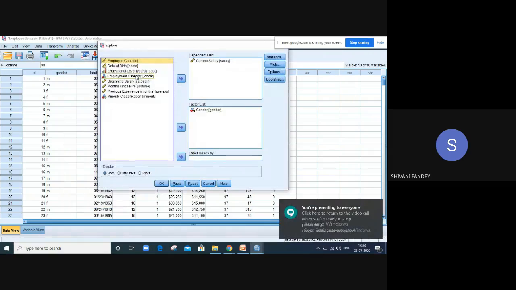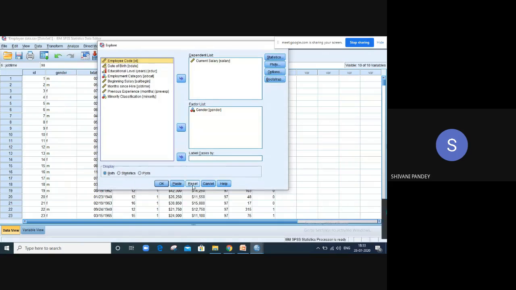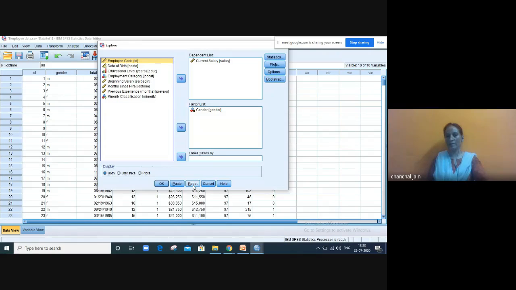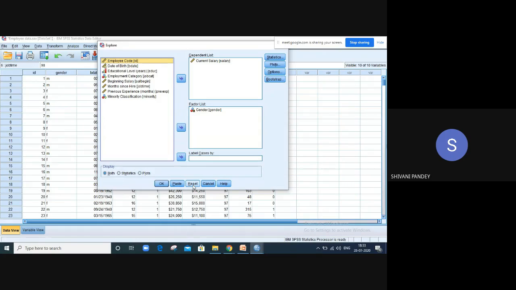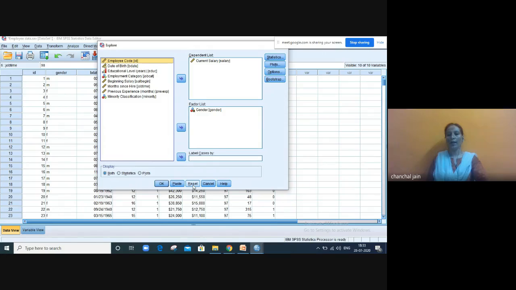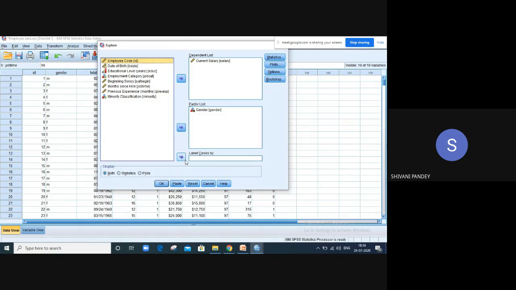After that, if we want to select all the variables, how can we do that? I was trying yesterday, but it didn't work. Why do you want the entire data in these boxes? Actually, yesterday I was practicing, so this happened.